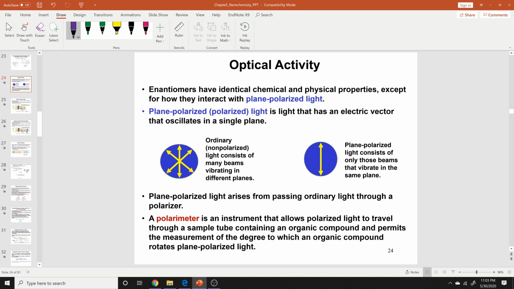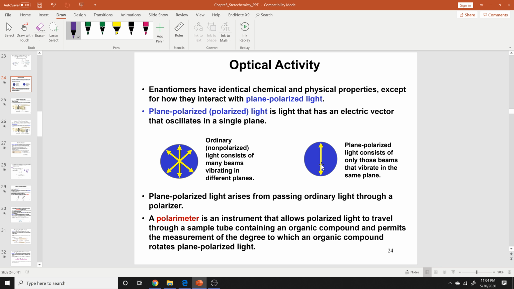So plane of polarized light is basically light that has an electric vector that oscillates in a single plane. This is different from ordinary light. When it passes through a polarizer, which is one of the components of the polarimeter, it becomes plane polarized light, and it consists of only those beams that vibrate in the same plane.